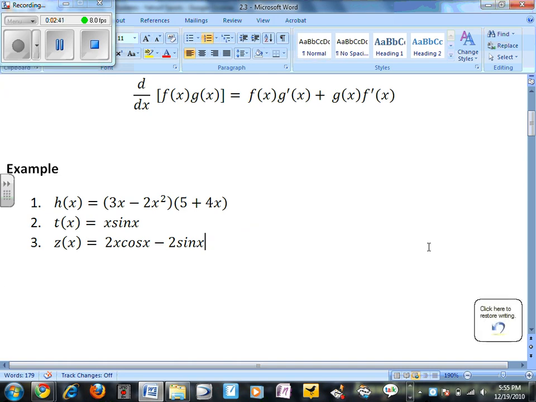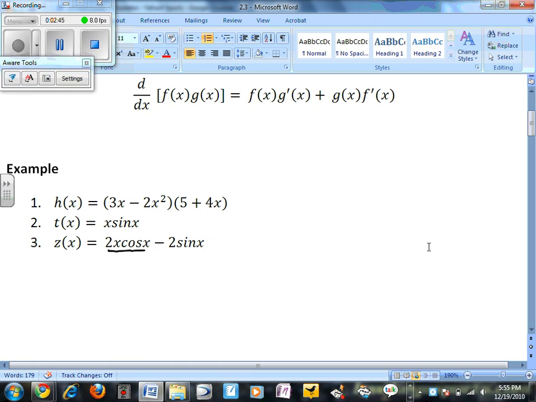Moving on to number 3 here. If you notice, it looks like we'll have to do the product rule here. And I'll show you why we didn't take the product rule in the previous chapter on that function right there. So let's take the product rule of that first part, 2x cosine x. The product rule says I'm going to leave the first one, 2x, and take the derivative of the second one, so the derivative of cosine is negative sine of x.